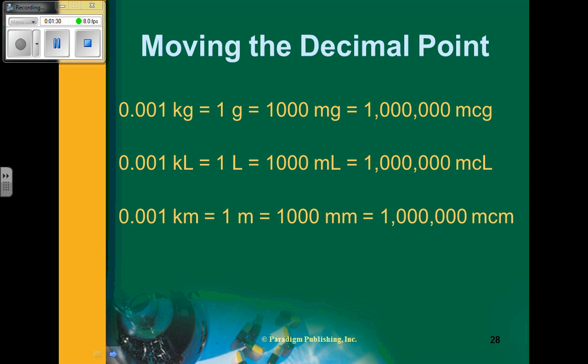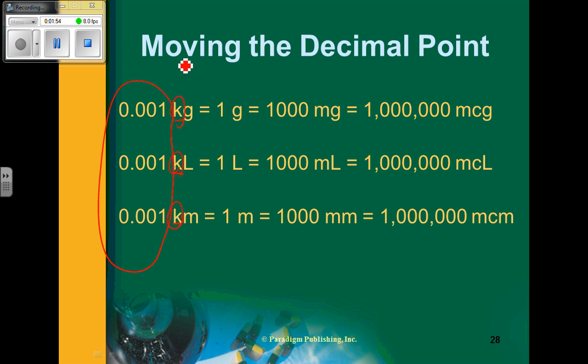First, I want to show you this chart, because I will use it for the dimensional analysis and the ratio proportion methods. If you notice here, all of these are like kilogram, kiloliter, kilometer. If it says kilo, it's always going to be 0.001.